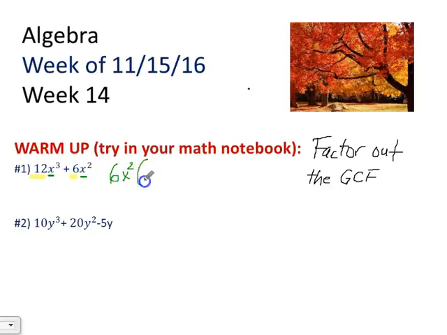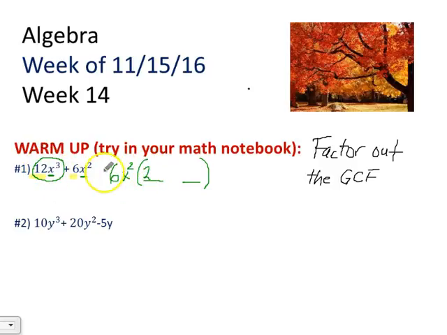Now we need to figure out what times 6x squared will give us 12x cubed. We can do this piece by piece. What times 6 will give us 12? 2.